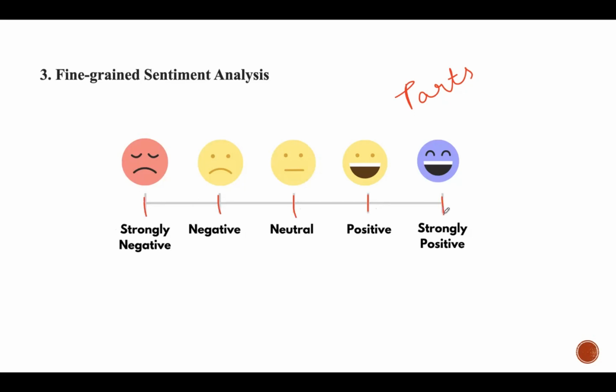Polarity sentiment is instrumental in interpreting customer feedback rating scales. So if you take a 1 to 5 star rating scale, 1 would obviously be strongly negative, 2 for negative, 3 for neutral, 4 for positive, and 5 for strongly positive.